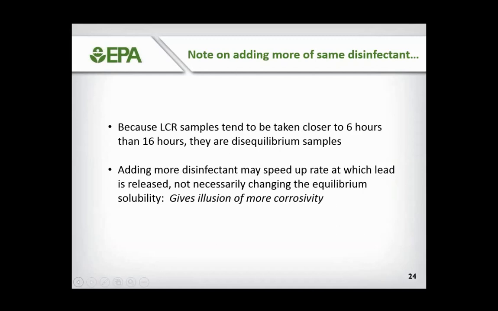Also, adding more disinfectant may just speed up the rate at which it's released. So in a given time period, the lead's going up quickly. It appears to be higher, but if you let it go for 16 or 20 hours, the lead level would stop incrementing. So there is this interaction to keep in mind. It gives the illusion of more corrosivity, even though it isn't.